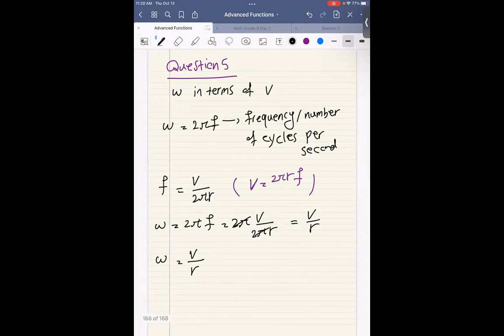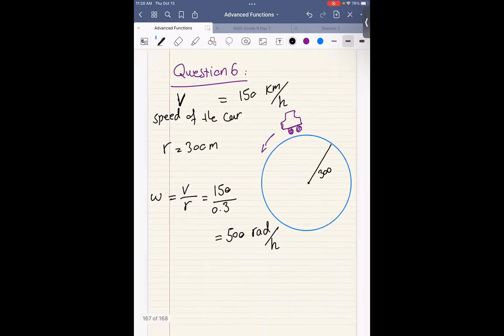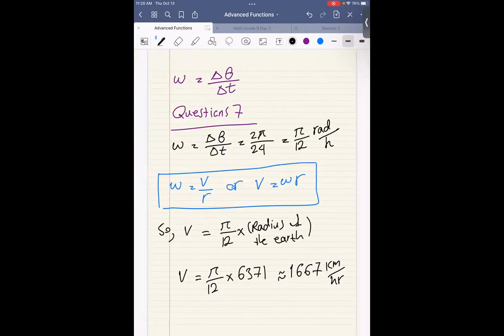It's 2 pi times the frequency. And frequency is basically the number of cycles per time. When you multiply the number of cycles by 2 pi, that's the change in the angle, right?